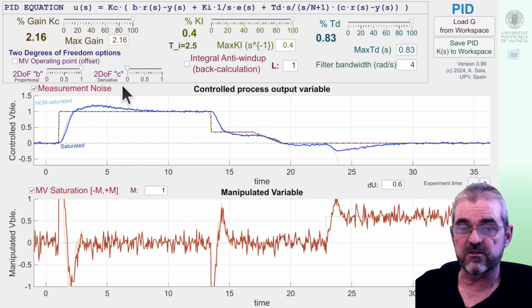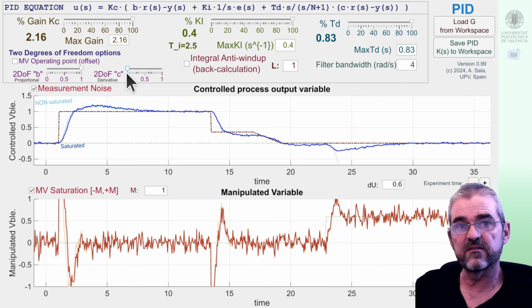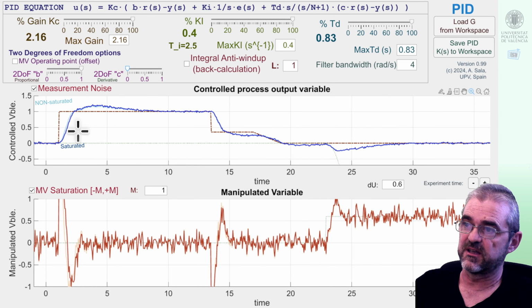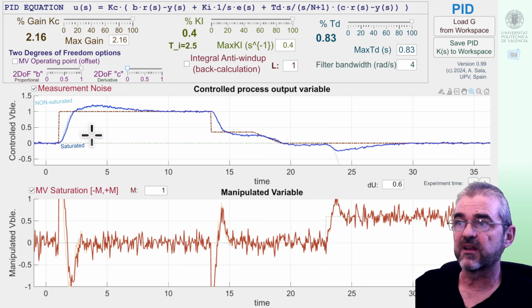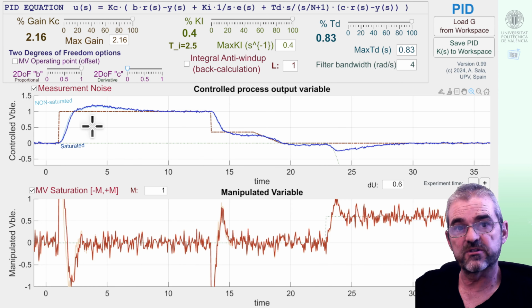We did not discuss the equations of this in the theory, but as a practical refinement, okay, then if we assume that that infinite derivative kick from the step set point will never happen, so we don't even let it happen in the equations, well then, in this case the cyan line and the dark blue one without saturation, they are much closer.